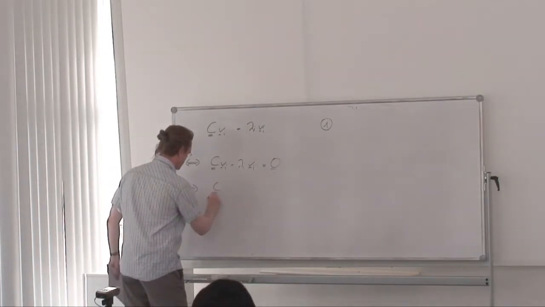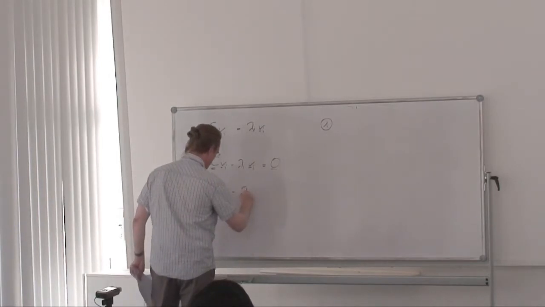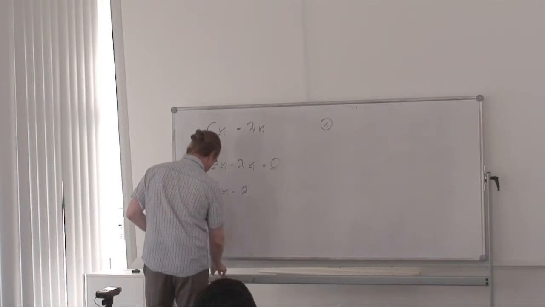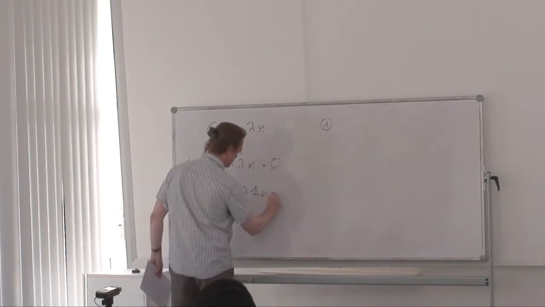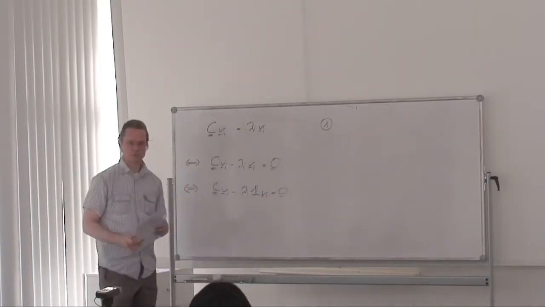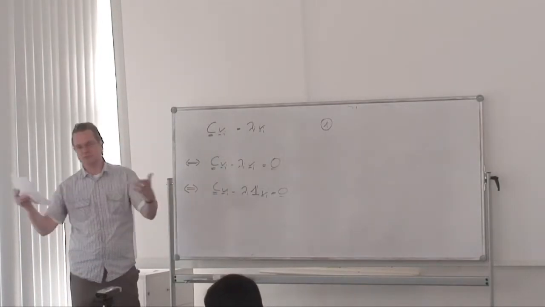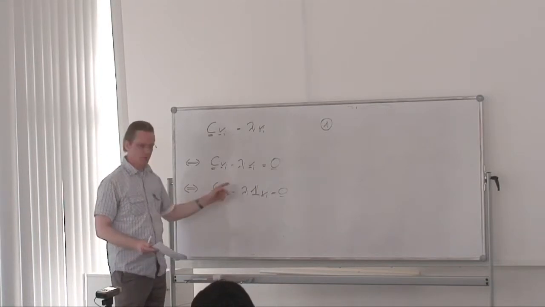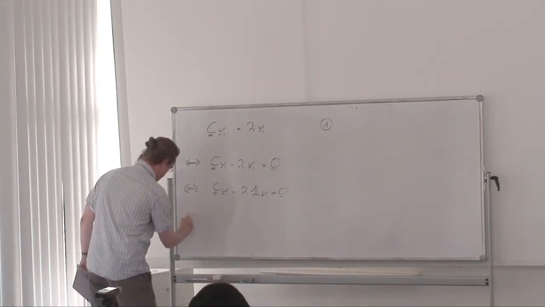This is C times Vi minus, let me call it lambda, times the unit matrix times Vi equals 0. Whenever there is no unit matrix, we can simply insert a unit matrix. Now we have matrices in both terms, and so I can factor it out.